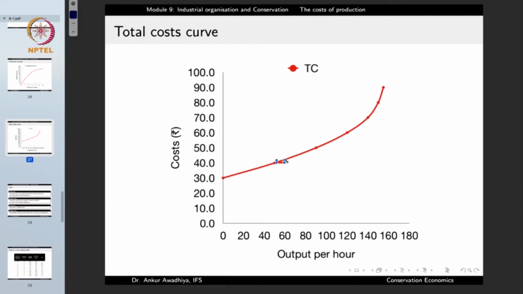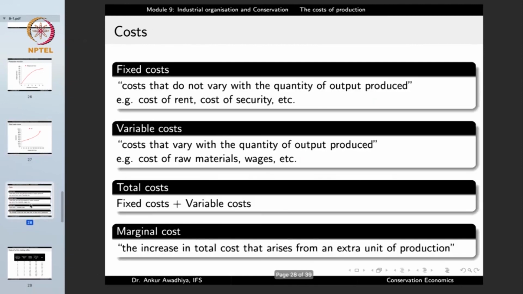Now the cost in this case is smaller. The cost to increase 1 unit of production in this case is much larger. So the marginal cost in this case is increasing with the output. So marginal cost is the increase in the total cost that arises from an extra unit of production.